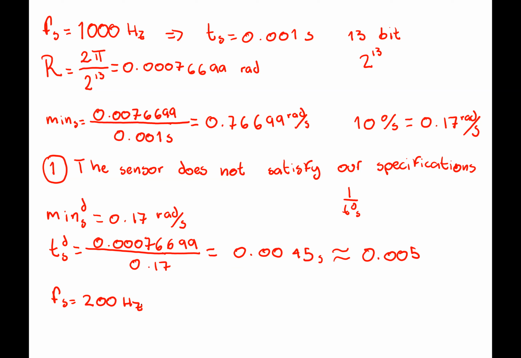So this is the approximate frequency that we need to measure a velocity using this sensor, being able to measure a minimum velocity of 10 degrees per second.